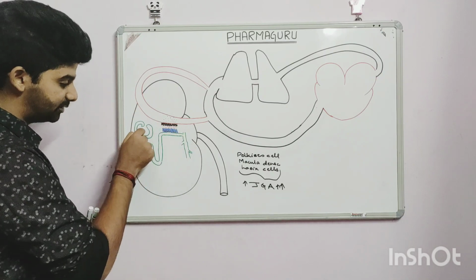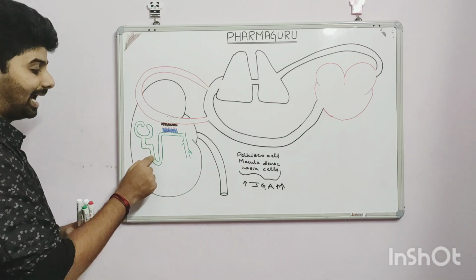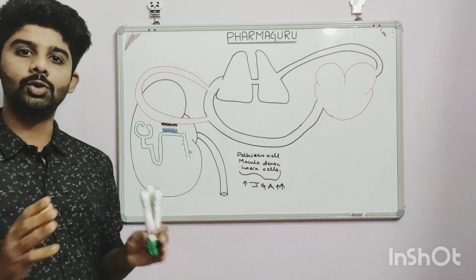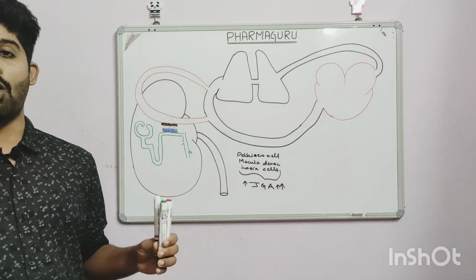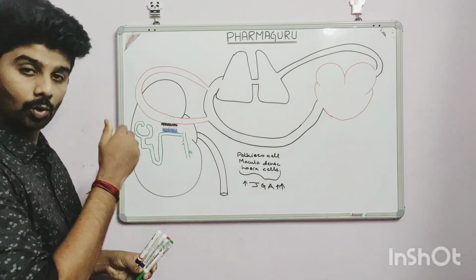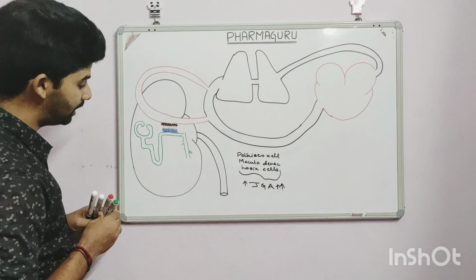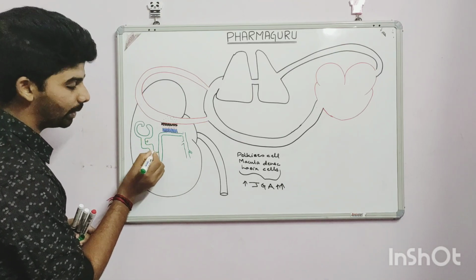Now since the filtrate is slow, it will pass slowly through these structures of the nephron. And since the fluid is passing very slowly through the nephrons, it is easy for the nephrons to absorb all the electrolytes and essential items from the filtrate. So since the filtrate is passing very slowly, all the sodium will be reabsorbed very quickly.